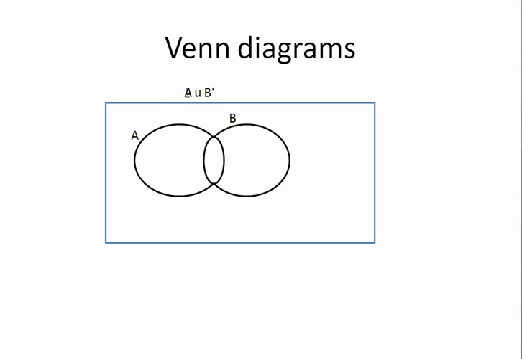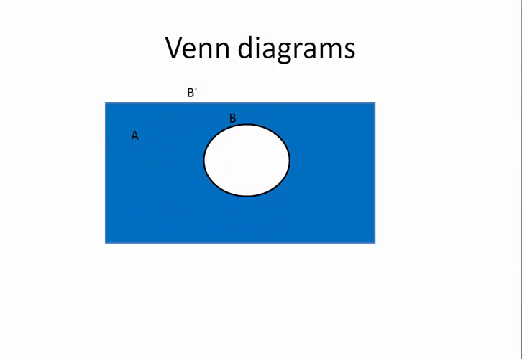So if we want to do A union B complement, so this means A and not B. Okay, so first of all let's just get A, so that's just this blue circle, then not B, which is the area outside B, and A union not B then would be A and the area which isn't B, so it will be all this blue area.